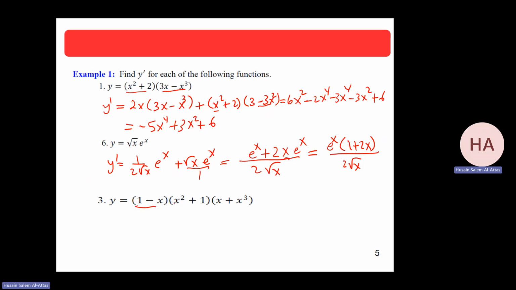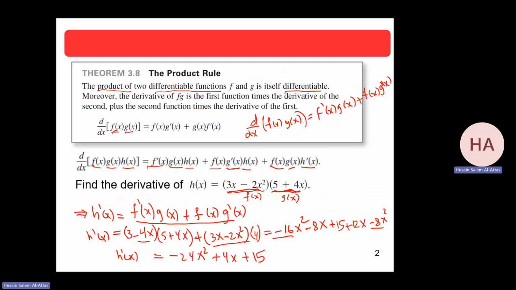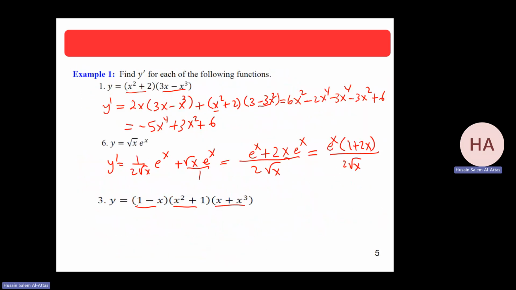Now we have the derivative of three functions. Either we apply the rule about three functions, or sometimes it's easier to simplify. Now do the product of these two, and then continue. If we do the product of the first two, I have what? I have x squared.